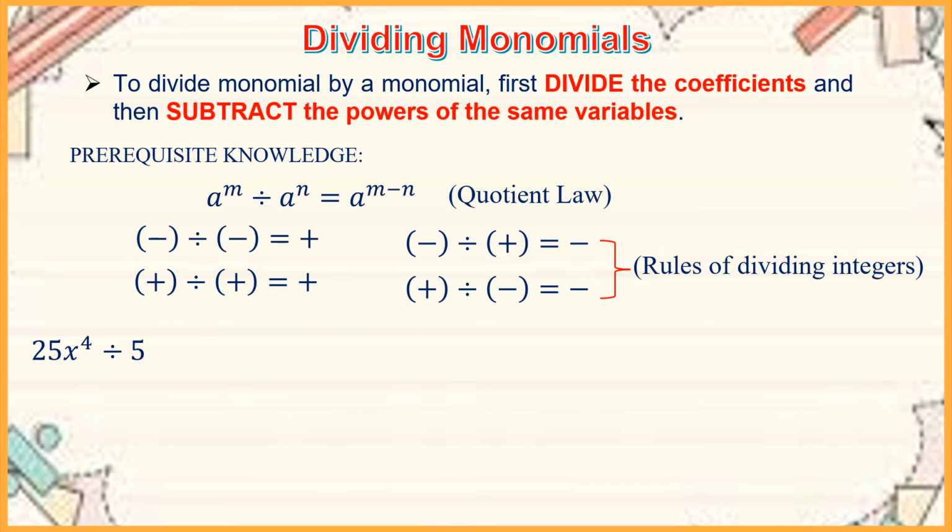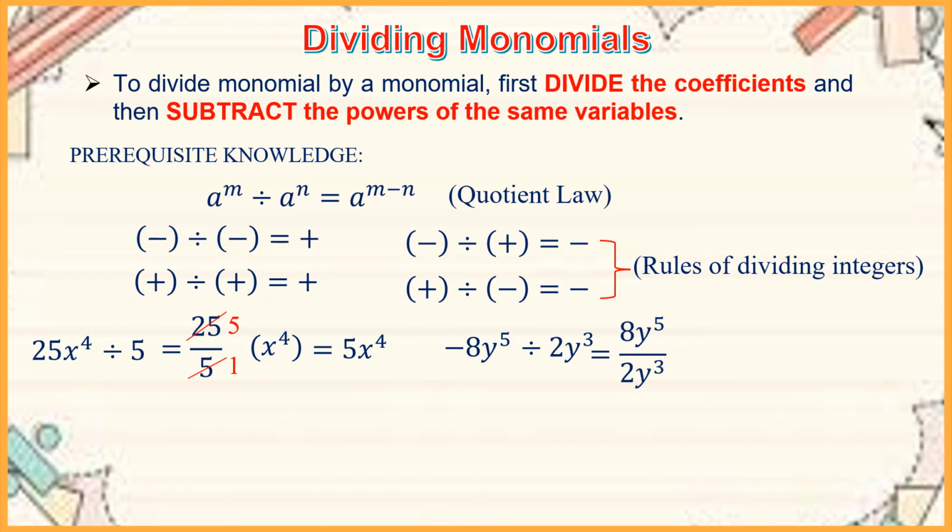Now let us have an example. So 25x to the fourth divided by 5. In here, let us divide the coefficients. So 25 divided by 5, which is equal to 5. Then x to the fourth. So the final answer would be 5x to the fourth. Now let us have another one. So negative 8y to the fifth divided by 2y to the third.